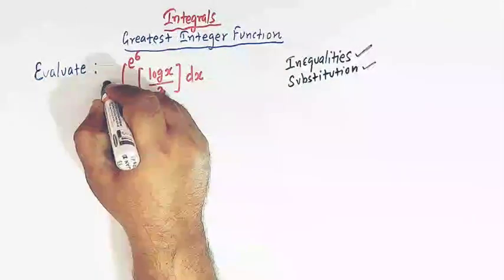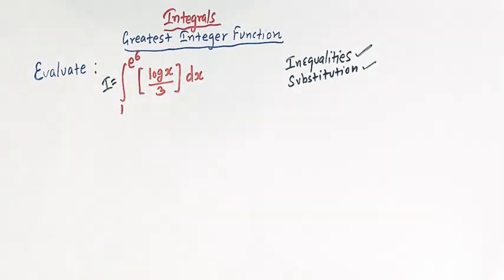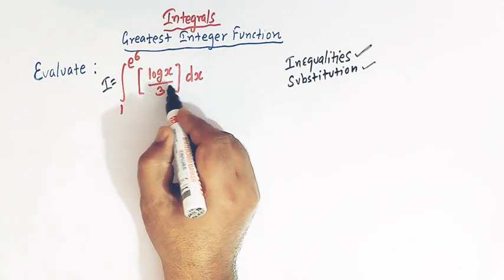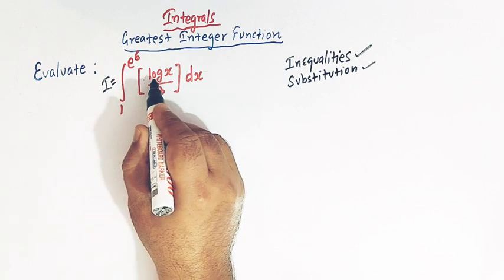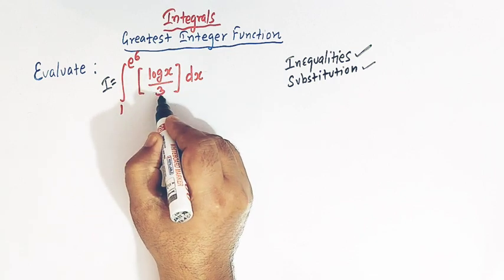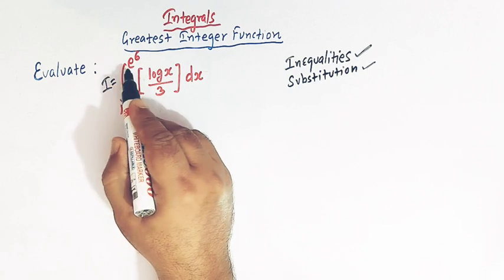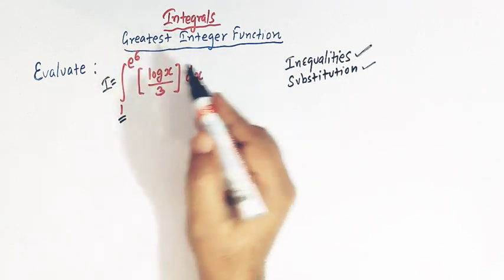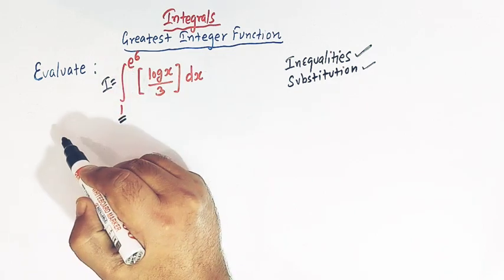So let us start, and let us first call this integral I. Here the integrand is a greatest integer function of log x divided by 3, and the lower limit is 1 and the upper limit is e raised to 6, where e is the exponential number.